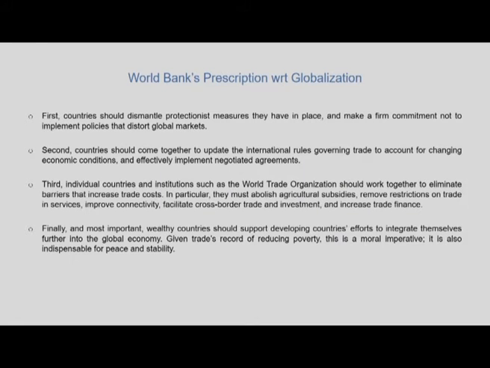Now, what was this prescription of globalization trying to paint? It was trying to paint a picture. It was trying to paint a picture of the emergence of the global south. It was trying to paint a picture of integrating the global north and the global south.